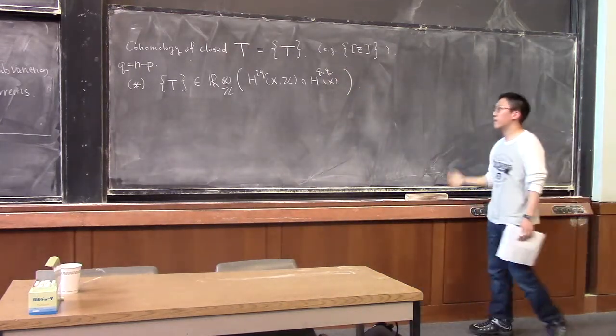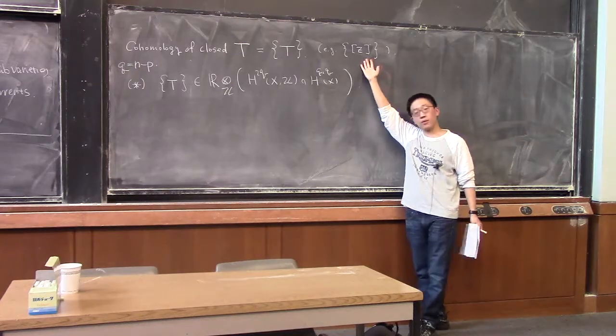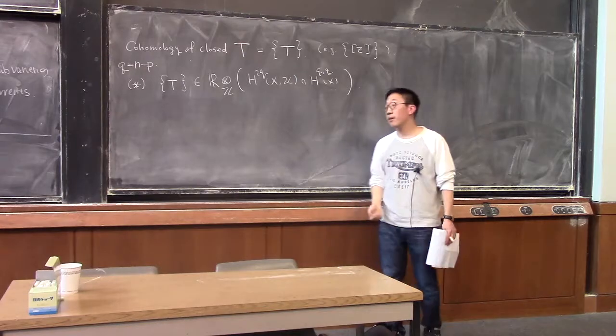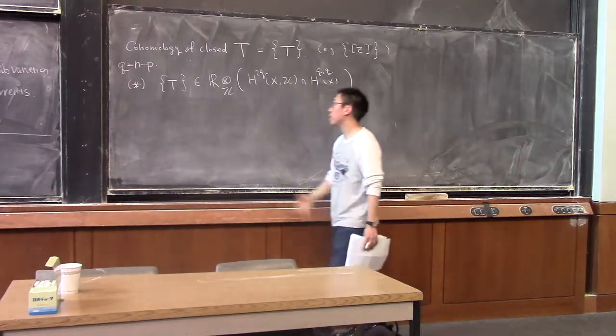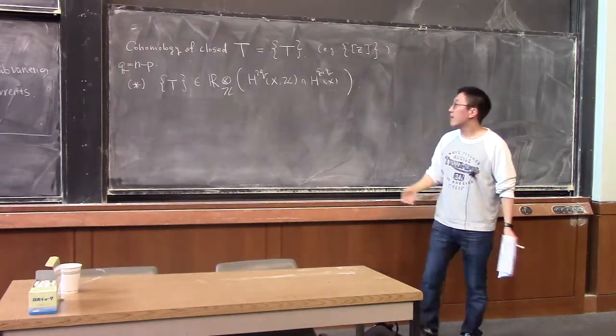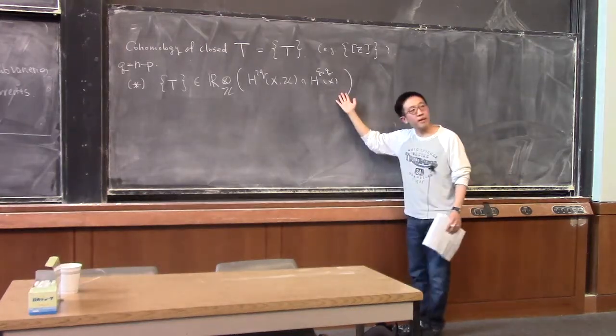Because whenever I have a subvariety or a current associated to a subvariety, it lies in here. And whenever I take a real linear combination, it lies in here. And whenever I take a limit of such things, its cohomology class will still lie in here.